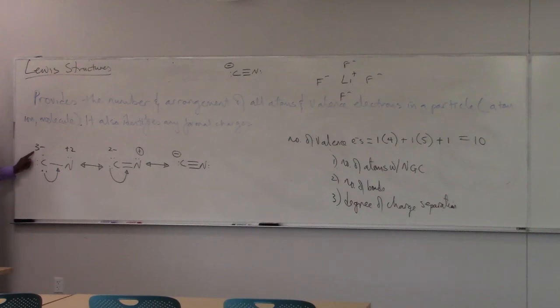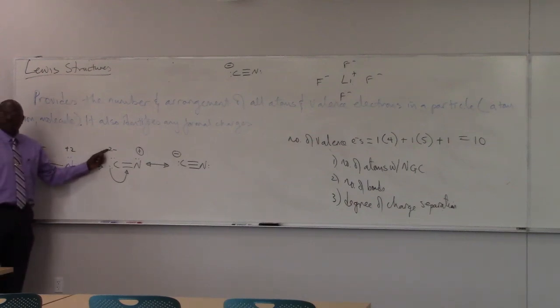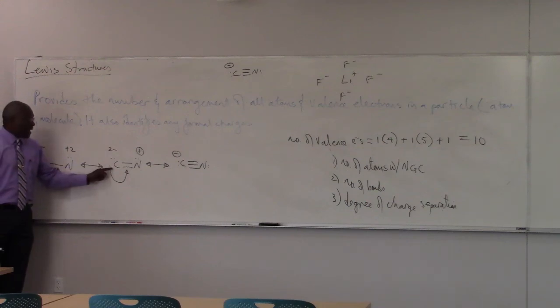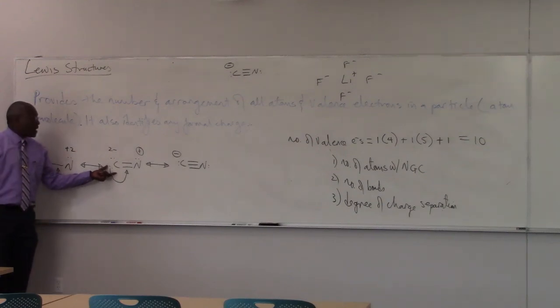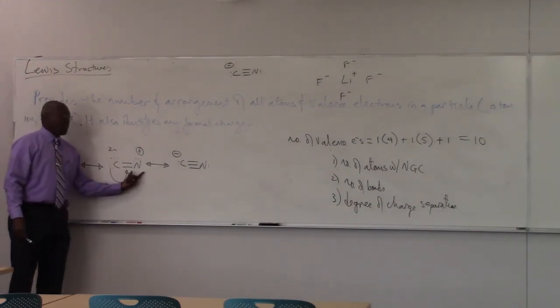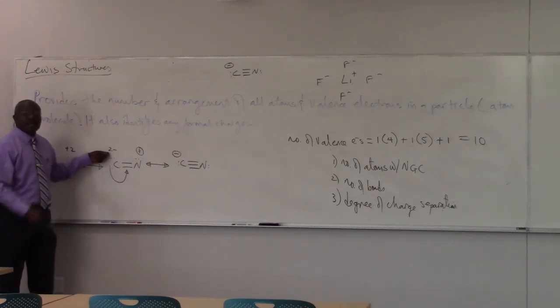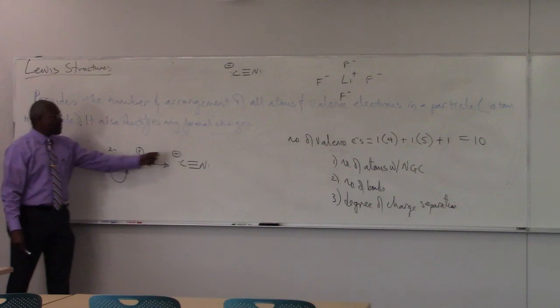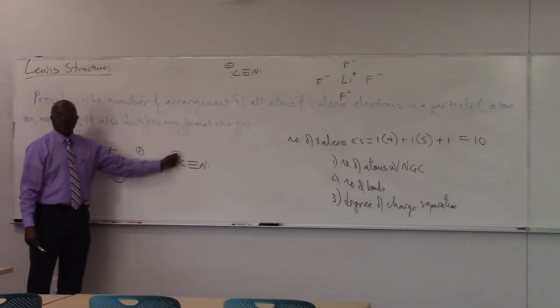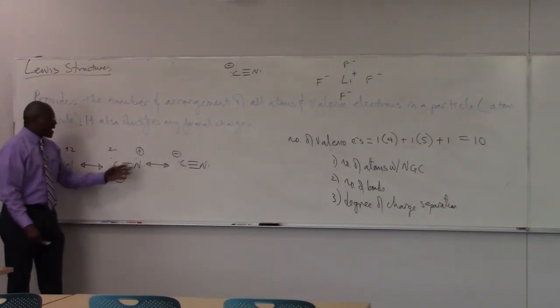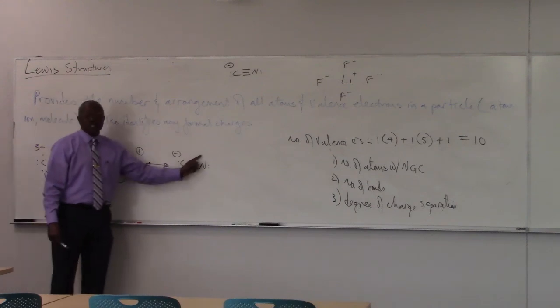If I'm 3 minus and I give away an electron, I'll be 2 minus. I did it again. I took a lone pair, which belonged to carbon only, and I'm sharing it with the nitrogen. 1 is yours, 1 is mine. So I am 2 minus, and I am giving away an electron. I am now 1 minus. I am 1 plus, and I am gaining an electron. I am now 0.